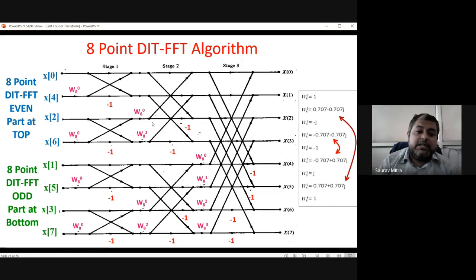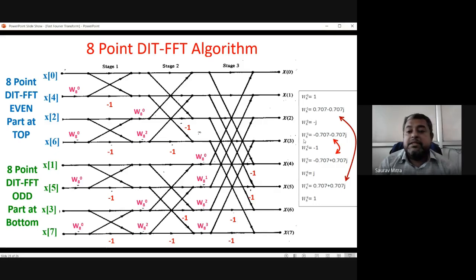So you have to do two such 4-point DIT FFT numericals first, and then mix their results after multiplication by the 4 twiddle factors. This multiplication is where students make the maximum number of mistakes.